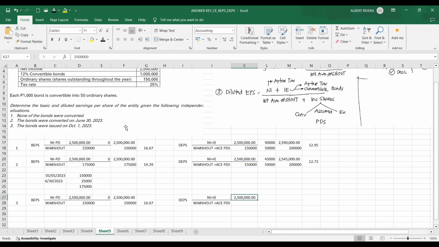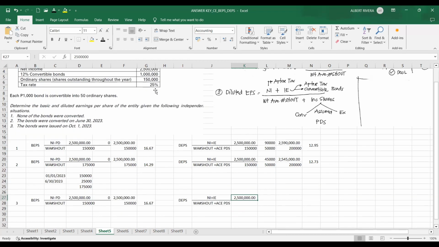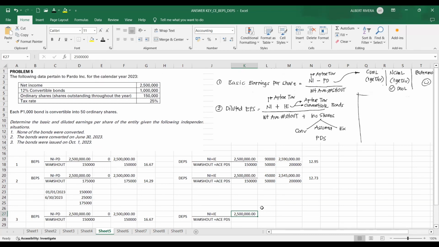So that is 1 million times 12% times 3 over 12 times 0.75, or 75%, to exclude the effect of the 25% tax rate.